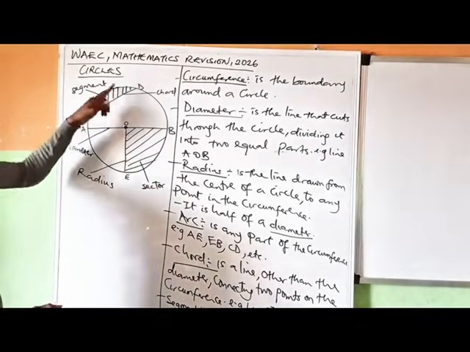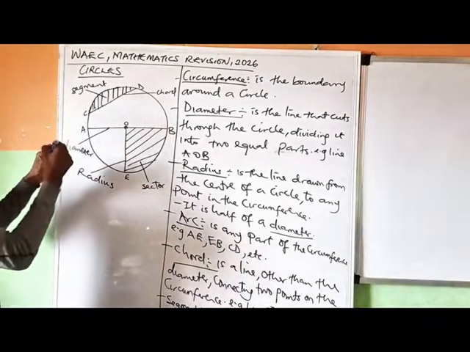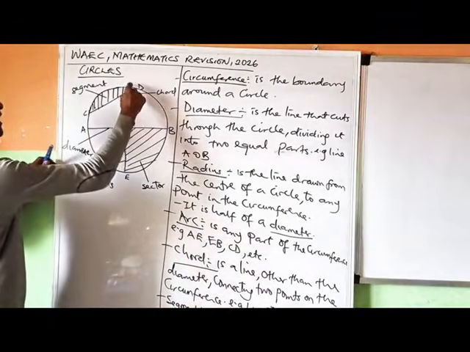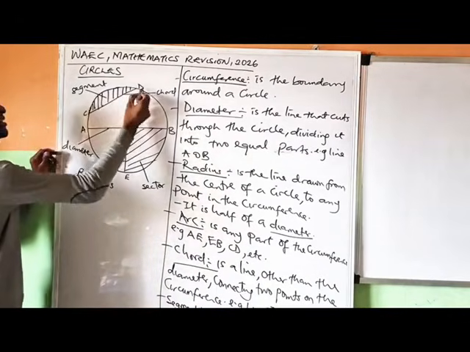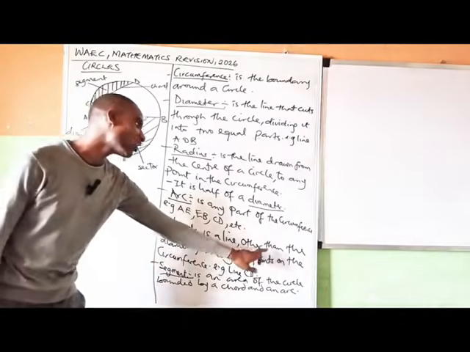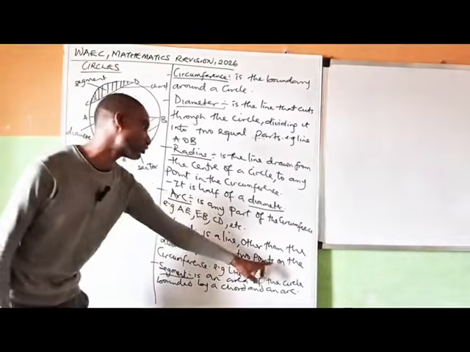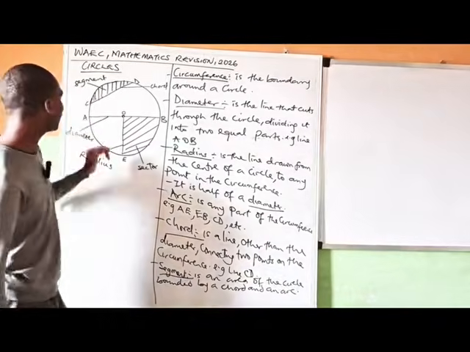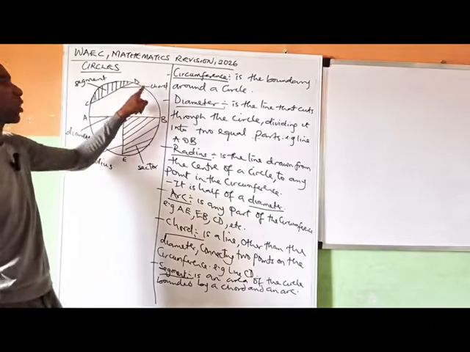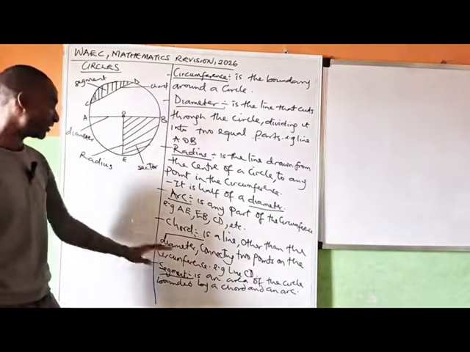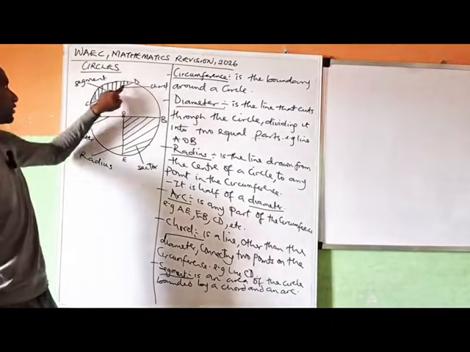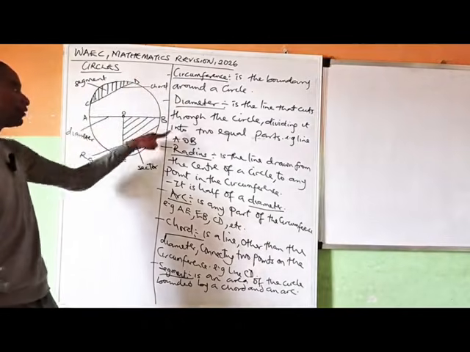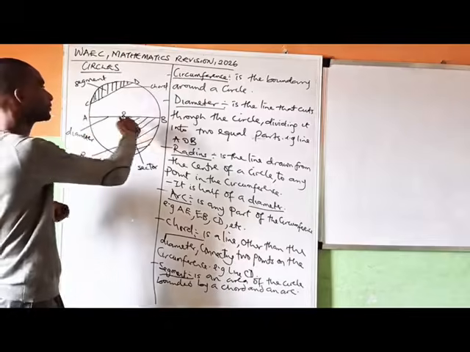Segment. A segment is this portion that is bounded by a chord and an arc. You remember CD is an arc. So a chord is a line other than the diameter connecting two points on the circumference, e.g. the line CD.